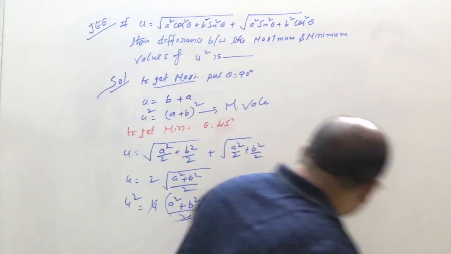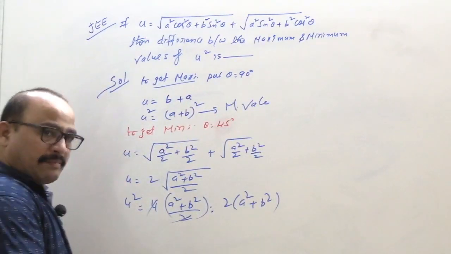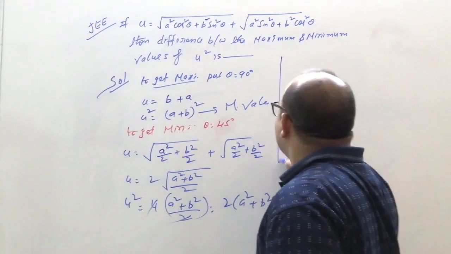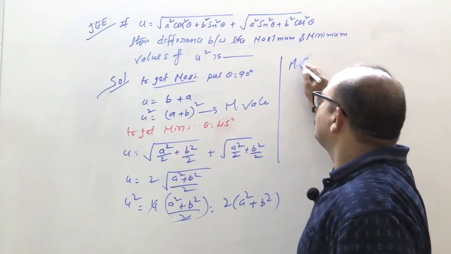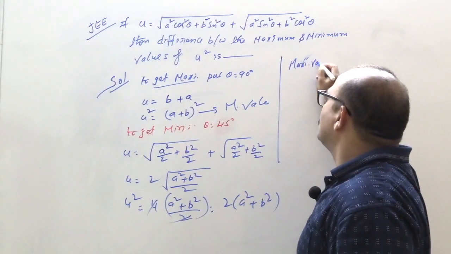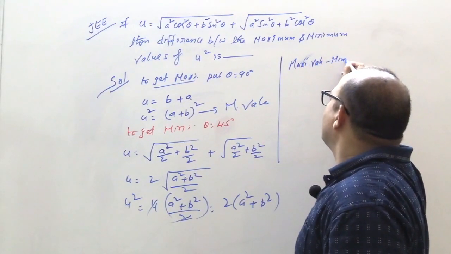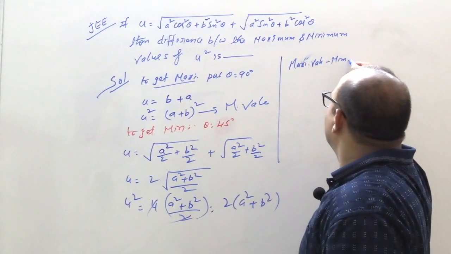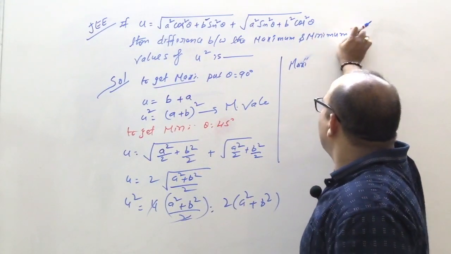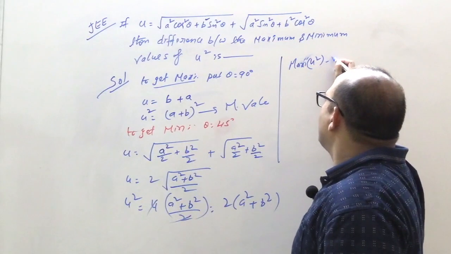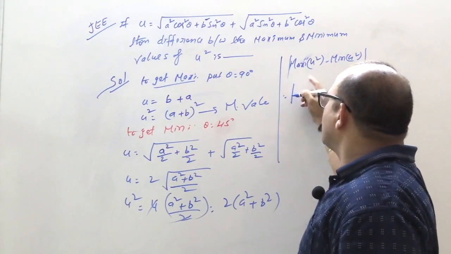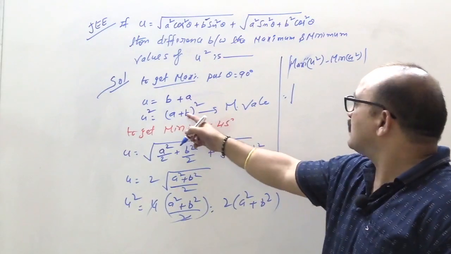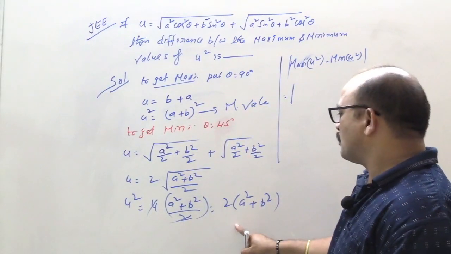Now I am writing this part here: maximum of u square minus minimum of u square. Maximum of u square or minimum of u square, no problem.